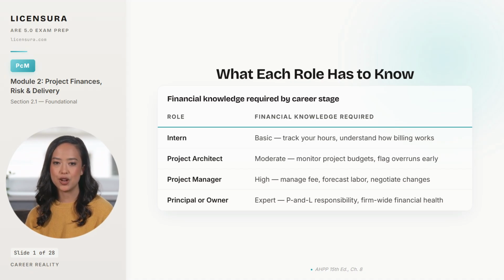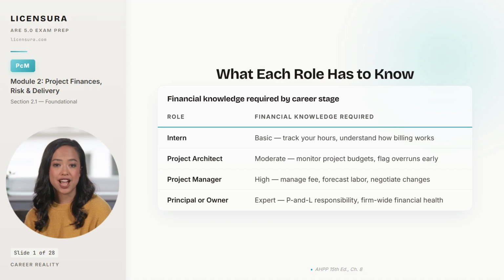The project manager owns the fee. They forecast labor across the remaining phases, negotiate change orders with the client when the scope shifts, and make the small decisions every week that determine whether the project hits its profit target. And the principal owns the whole picture: the firm's profit and loss, the firm's balance sheet, and the personal liability that comes with being the licensee whose seal is on every drawing.